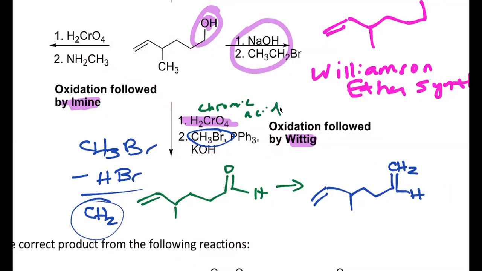Even if I don't know the mechanism, when I see the reagents, I can recognize them and say, oh, this is Wittig. So this is going to turn a carbonyl into an alkene.